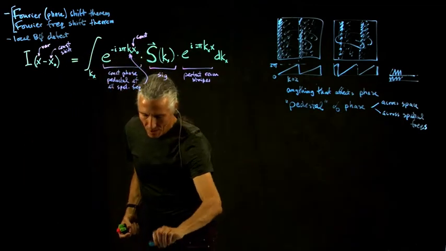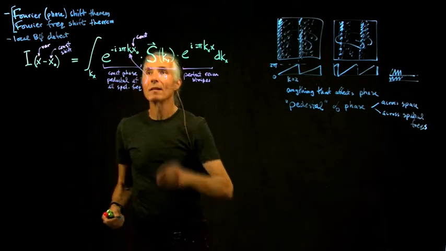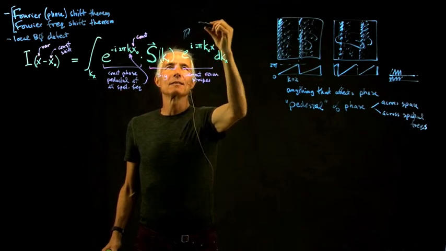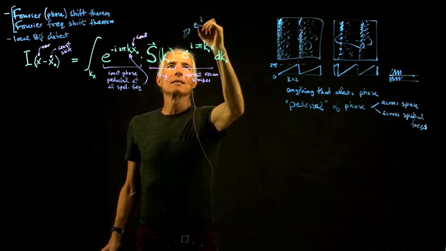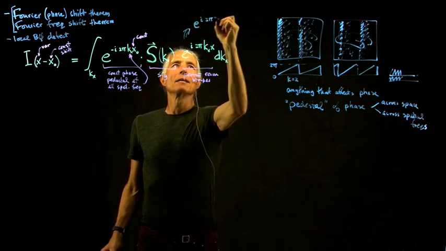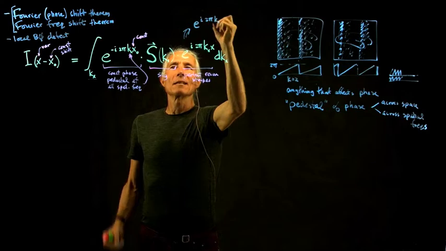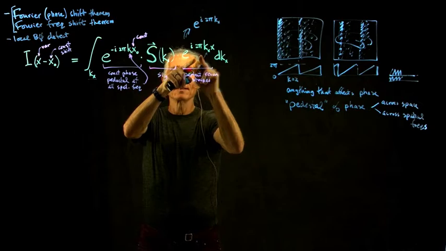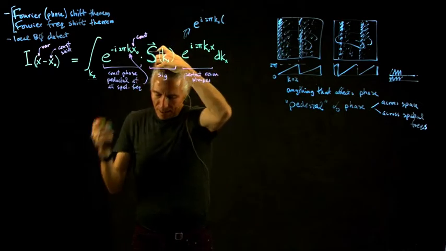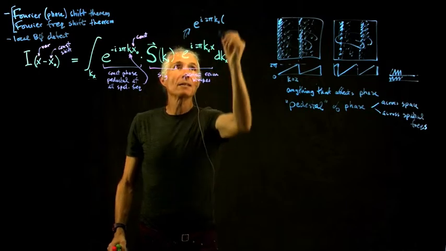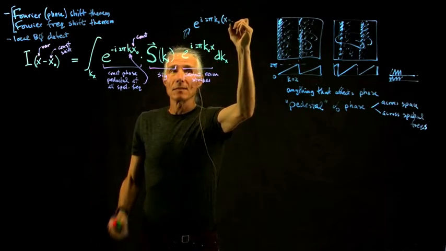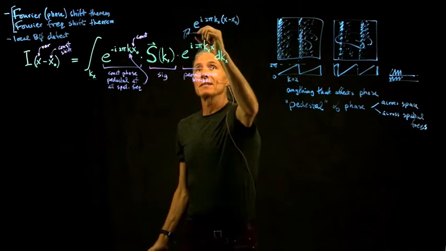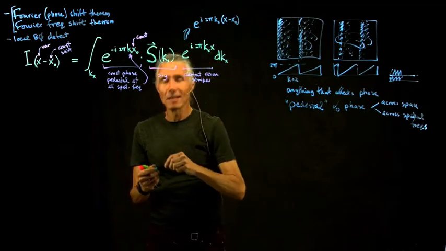So another way of writing this is e to the i 2 pi kx, and instead of multiplying this, we could just add to the exponent. Normally it would have been x, but we could just subtract off that x0, and that would make it even simpler.